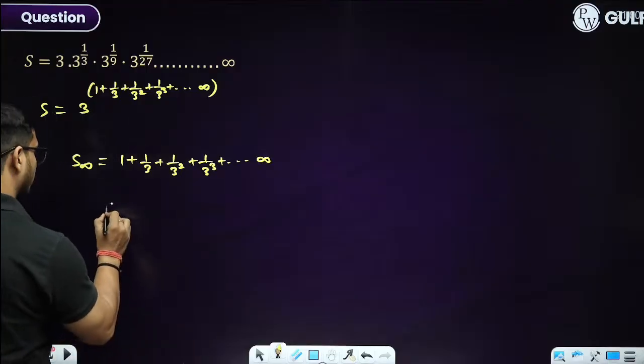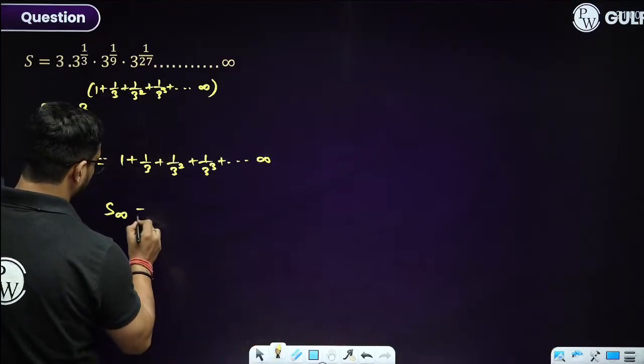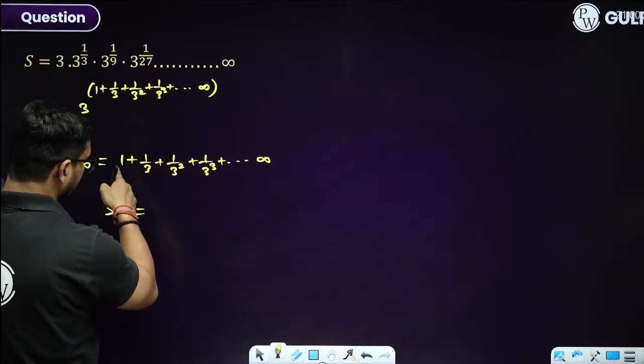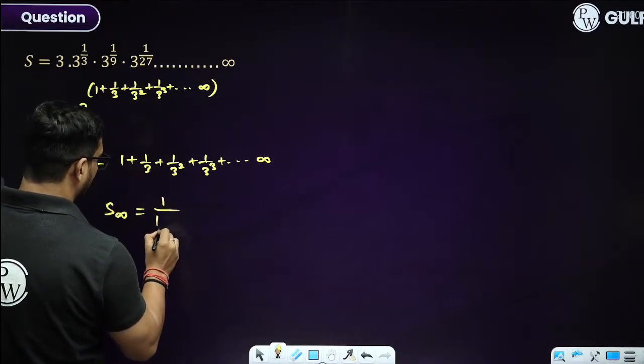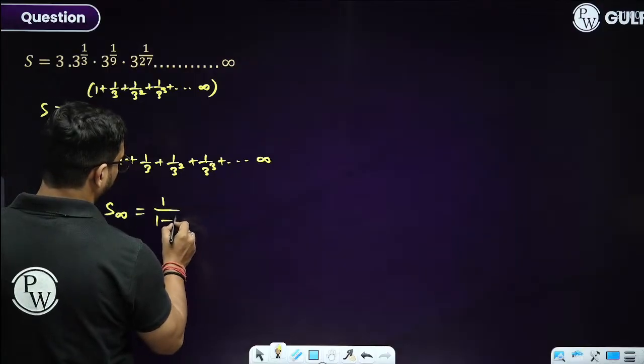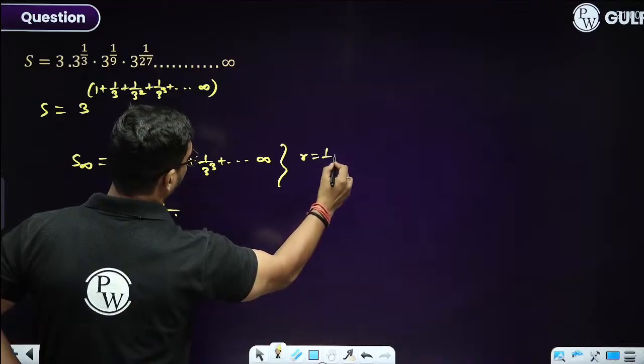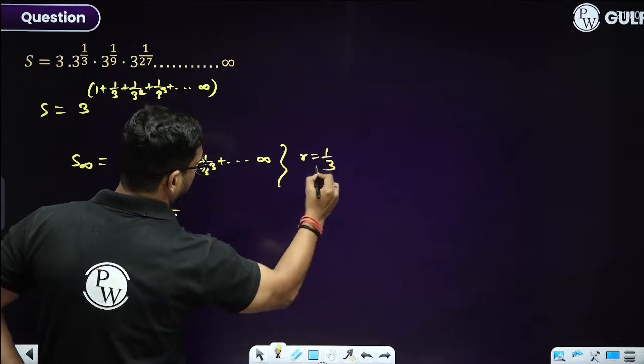Now if we have to find S infinity, it should be the first term, that is a, by 1 minus r. Tell me r. In this case, r is 1 by 3. Yes or no?